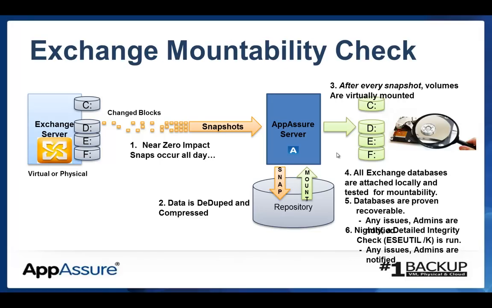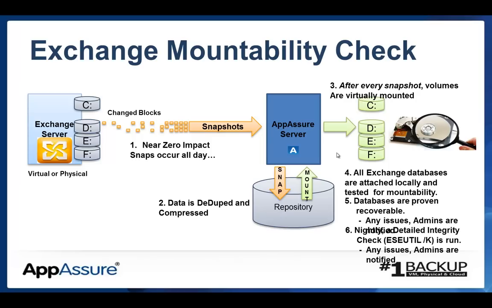Now on the Exchange side, we do things a little differently. Instead of doing the equivalent of the attachability test, which we call a mountability test, once per night, we're actually doing it on every snapshot.